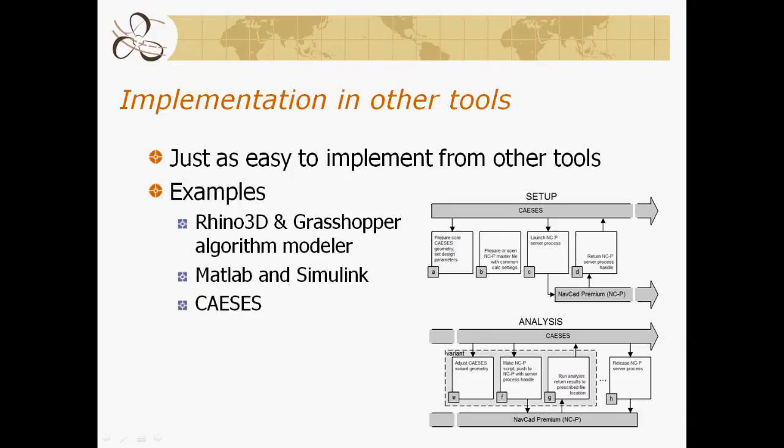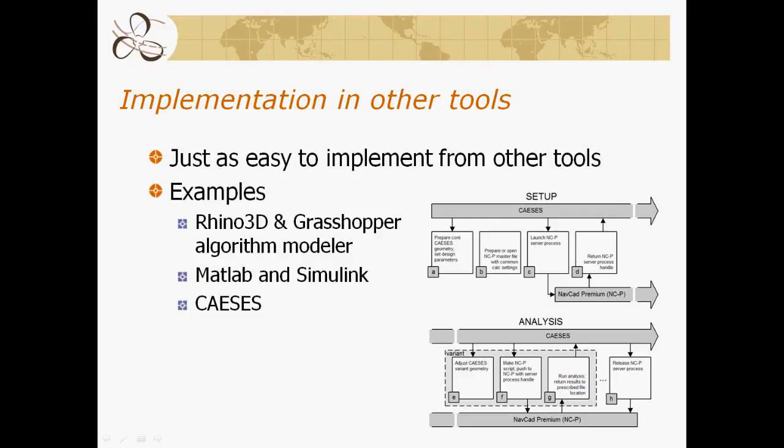MATLAB and Simulink should be very easy to understand. That's really little more than just an extension of what we saw with Excel here. And Cases is a tool by Friendship Frameworks in Germany, and that's a CAD tool that has an integrated optimization capability.